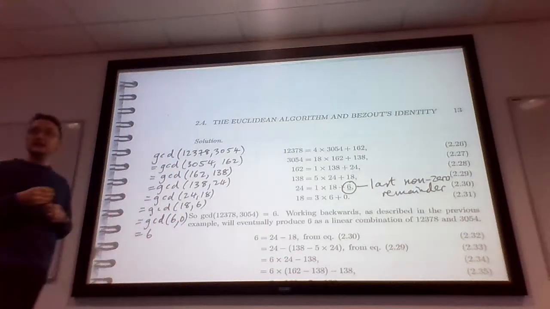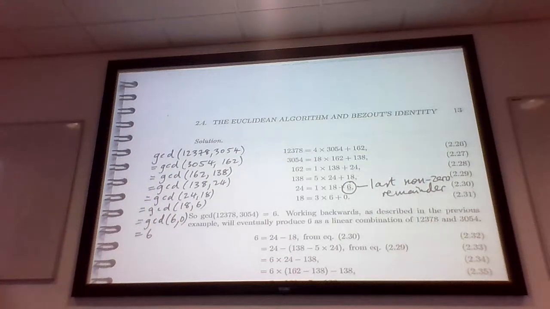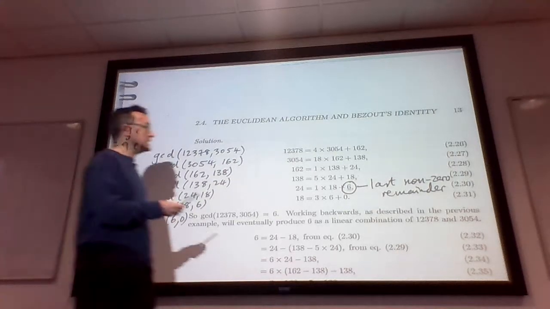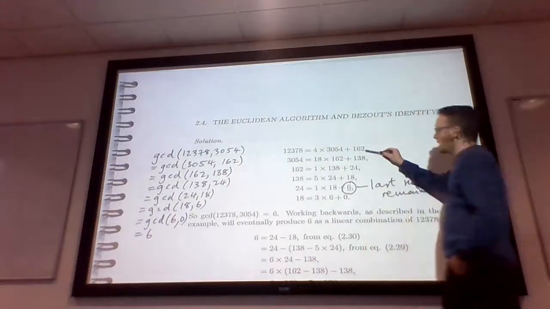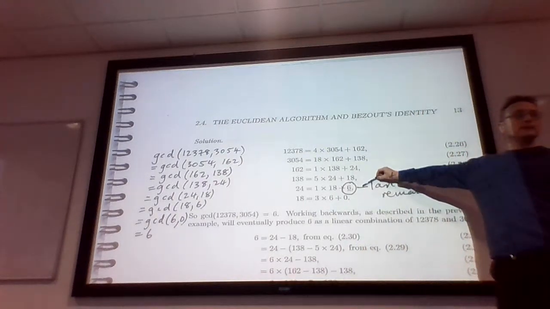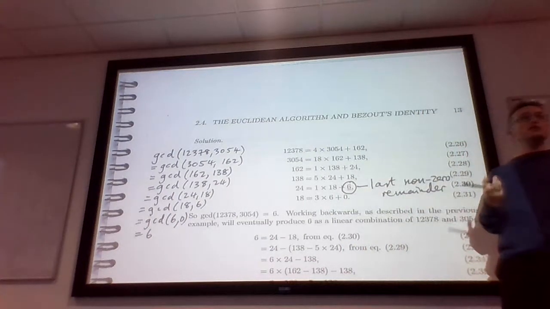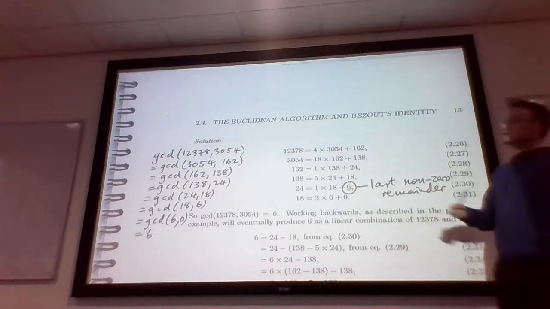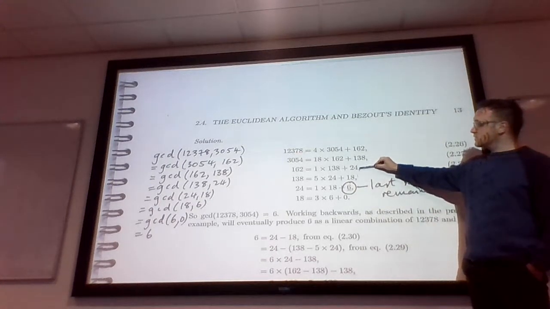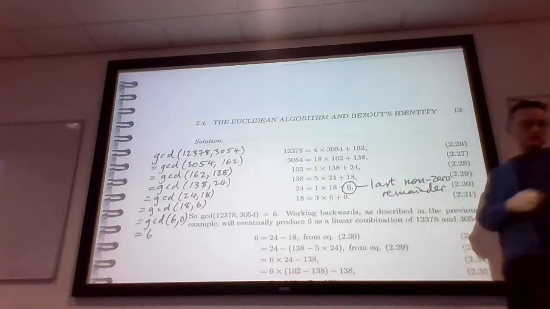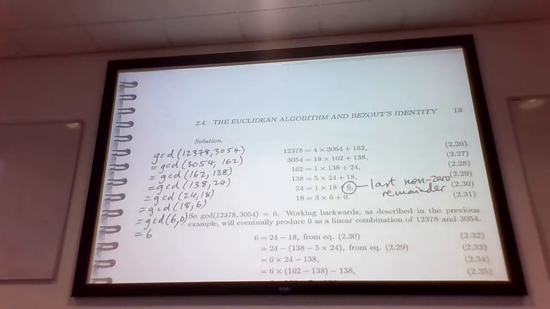Well, there's a very appealing and a very satisfying argument that proves to you that this process will always end: the remainders you're seeing are getting smaller each time. Okay? And they're bounded below by 0. So we've got a decreasing sequence of integer remainders that are bounded below by 0.